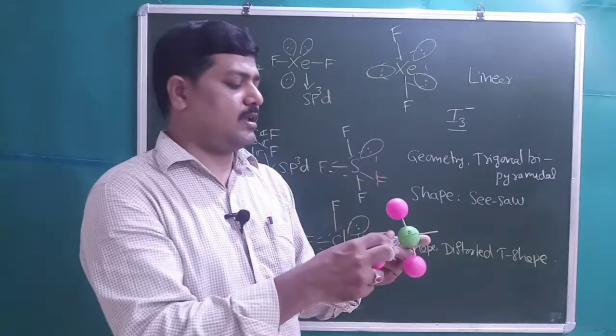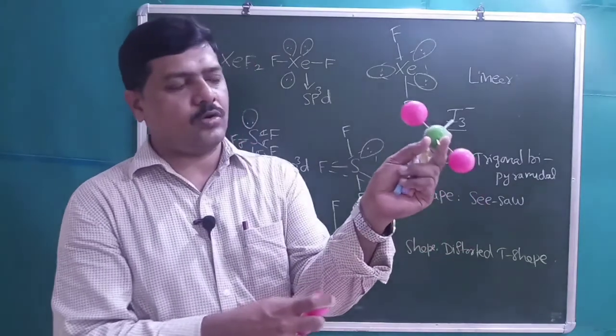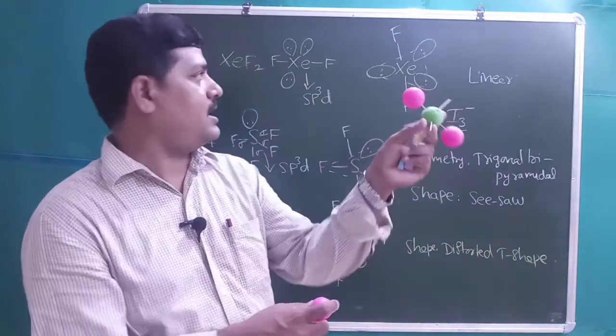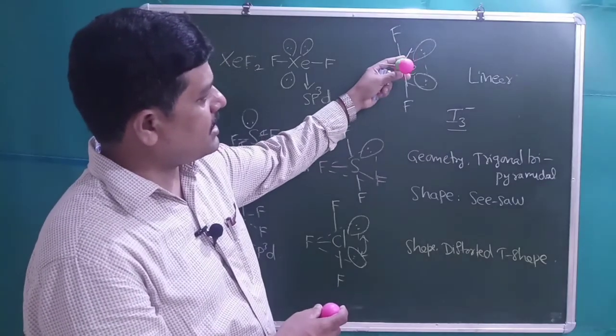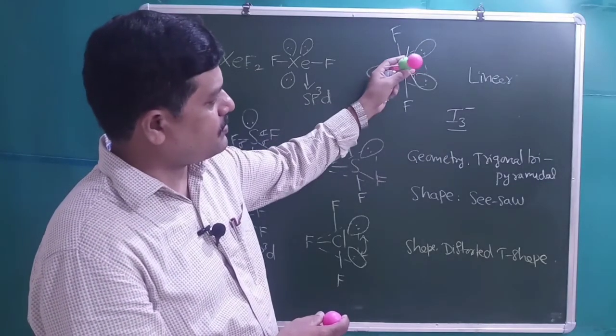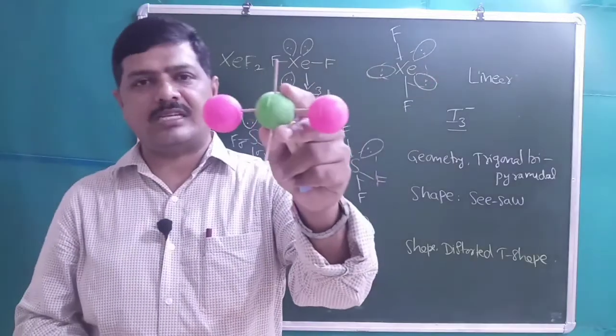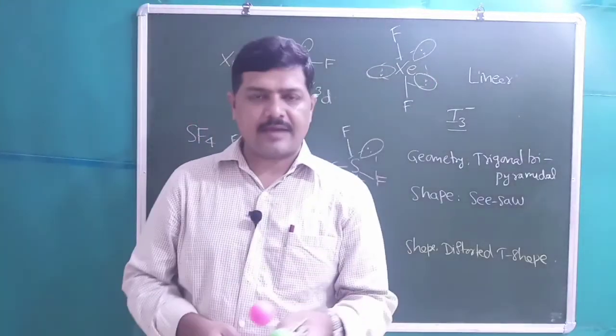And when there are three lone pairs and two bond pairs, like XeF2, the lone pairs are accommodated in the equatorial position, right? XeF2 is linear, right? Thanks for watching.